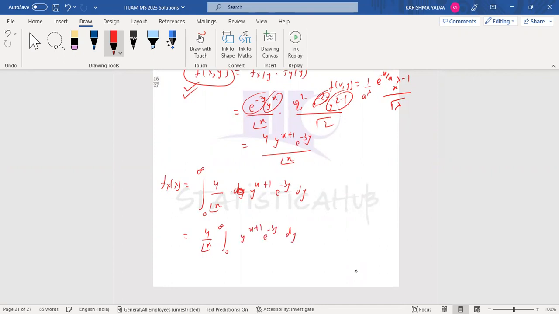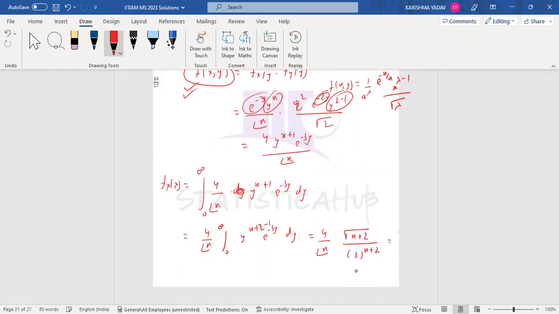Now I want to apply the gamma function here, that is e to the power minus 3y, y to the power x plus 2 minus 1. I can write it like this, and this will form 4 upon factorial x, gamma x plus 2 upon 3 to the power x plus 2.